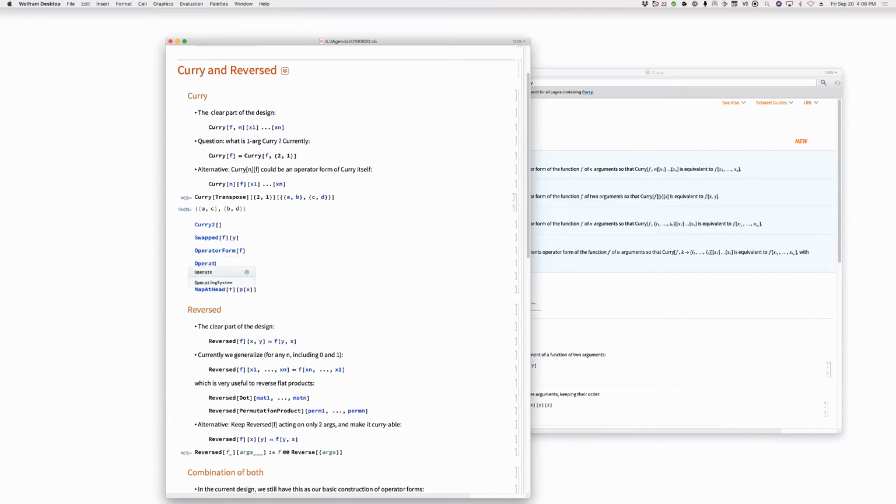Okay, so what would the code look like? So what we'd have is, we'd have something like this. We haven't used the word operator in 30 years.